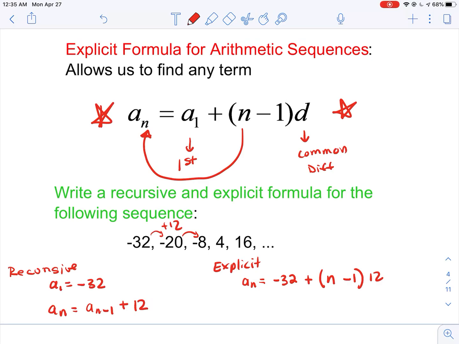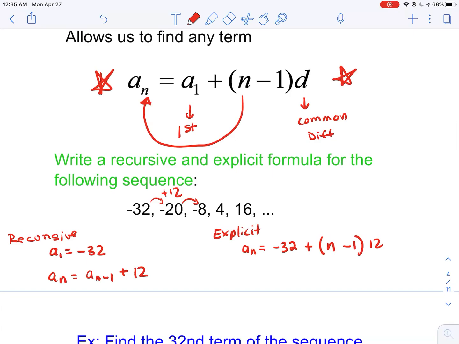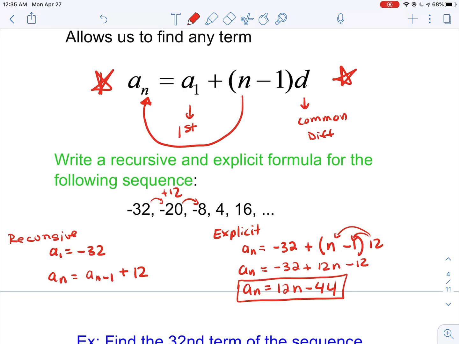Now, anytime we have an arithmetic sequence, this is going to be linear. So you do want to simplify it into slope-intercept form by distributing and simplifying. So negative 32 plus 12n minus 12. And when we combine our like terms, we get 12n minus 44. Okay, so that is the explicit formula.